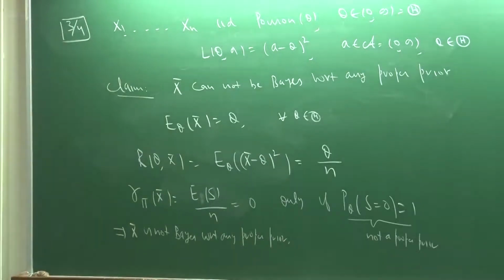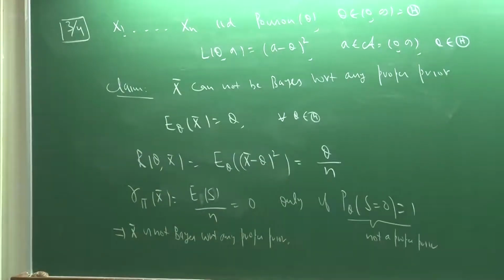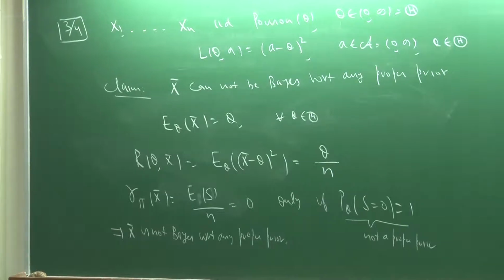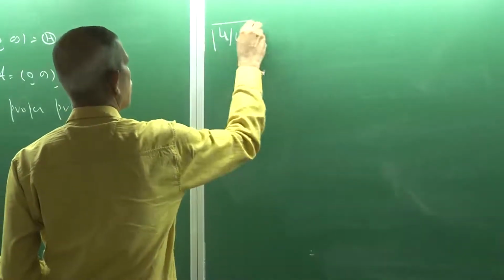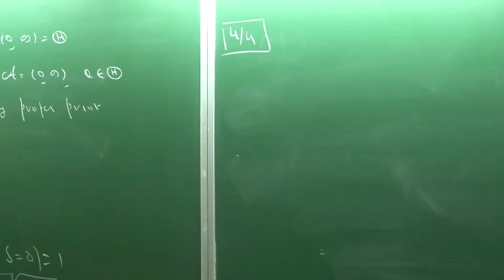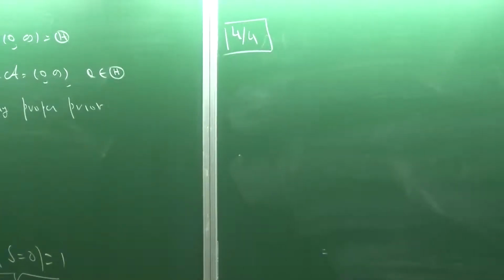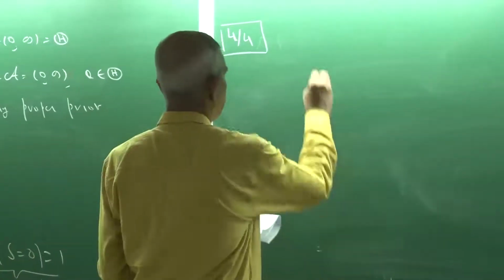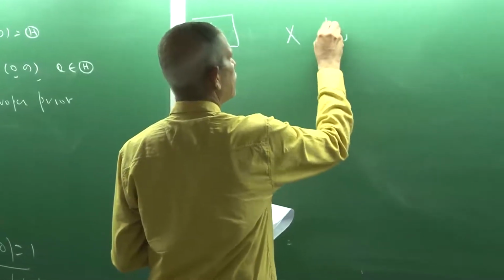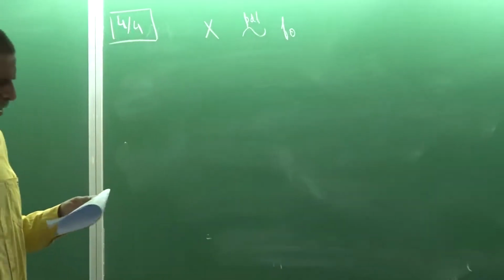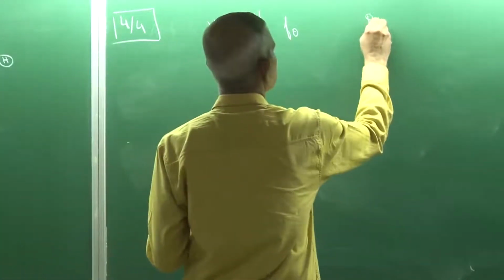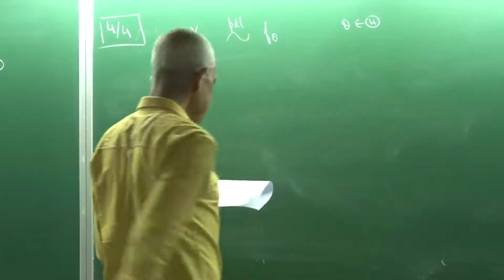All right. So, okay, let us do problem number 4 also. So X is a random variable with PDF f theta, theta belongs to capital Theta, the parameter space.